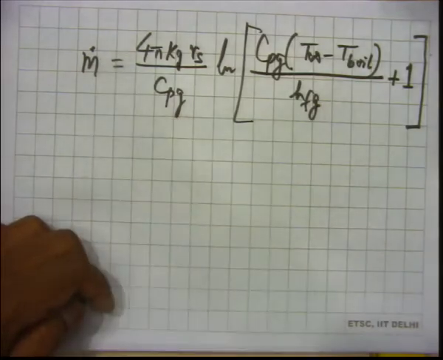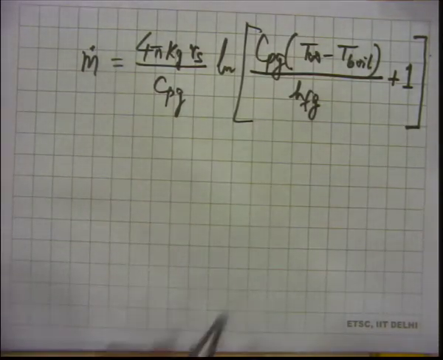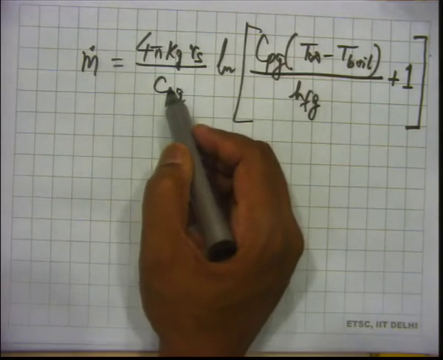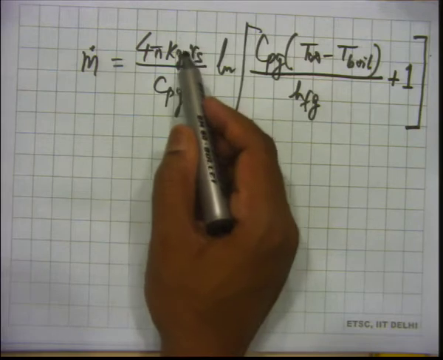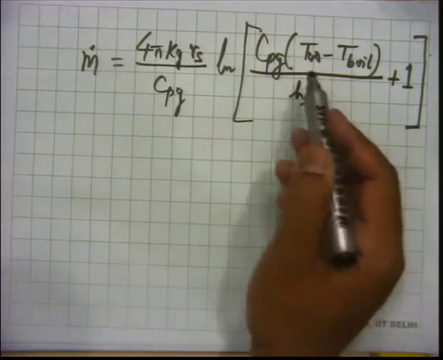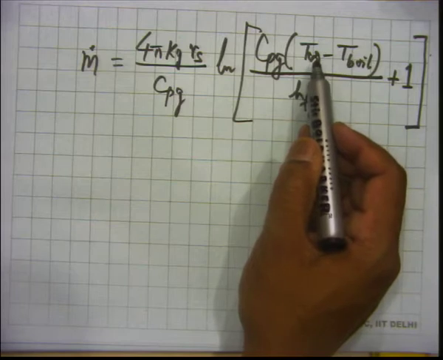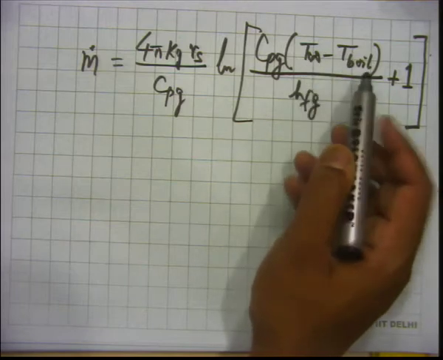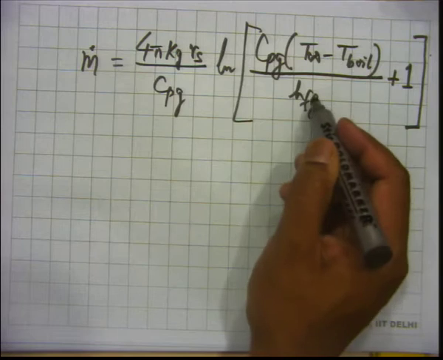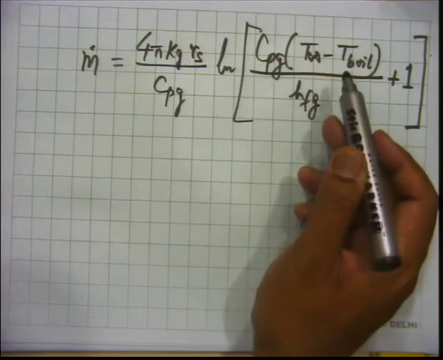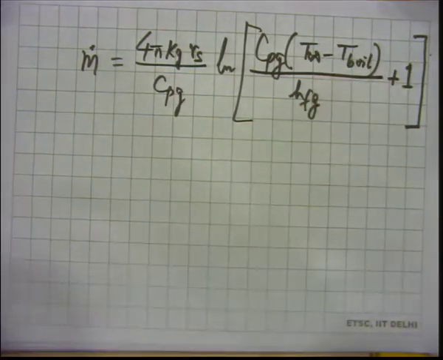Okay, so this is m dot, and this is good because we can get kg, we can get cpg, we can have some representative values of the properties, and we know T infinity because that is the furnace gas temperature, and T boil we know, hfg we will know, so we can calculate m dot. That is the whole idea.